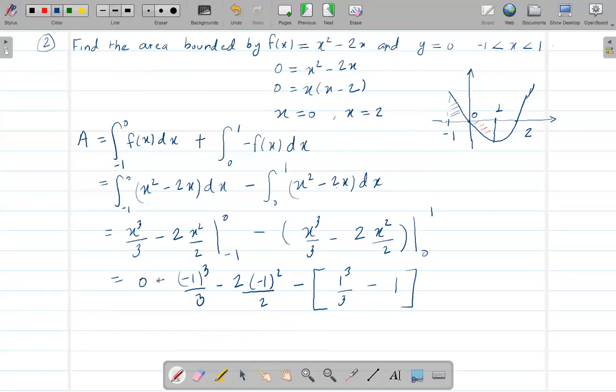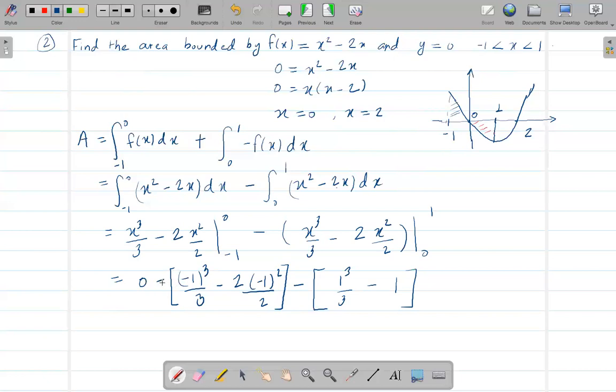I forgot one thing here. So minus, right? This minus also has to be distributed to both of these. You guys can make small mistakes here, just like I did.